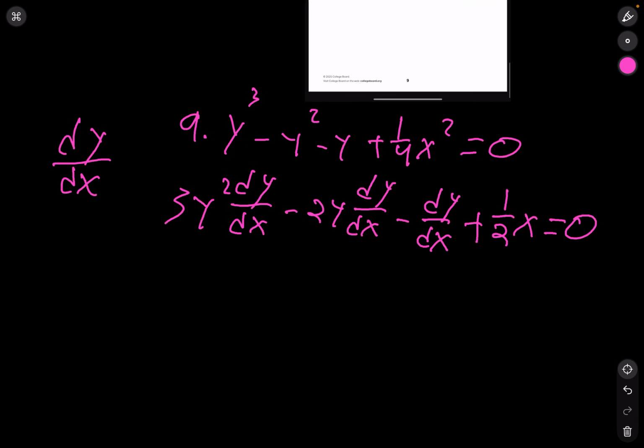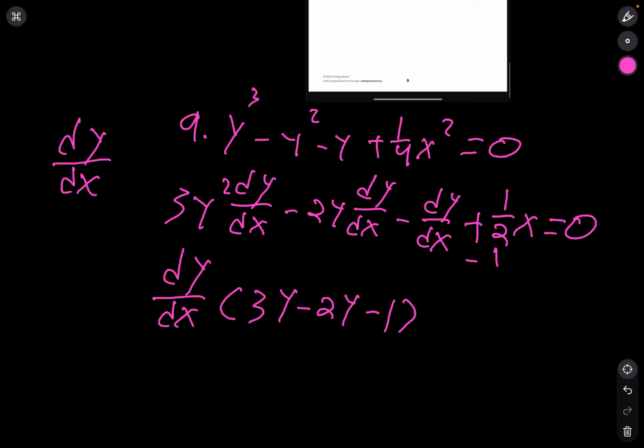And so from here, in order to solve for what dy/dx is, or rather to show what dy/dx is, all you have to do is take the dy/dx out, factor it out. And then you can just move this 1/2 x to the other side.